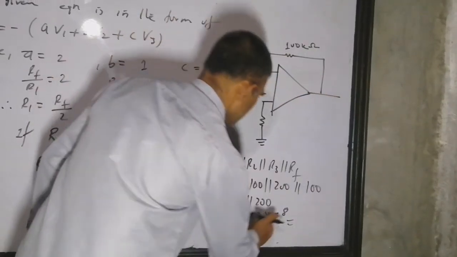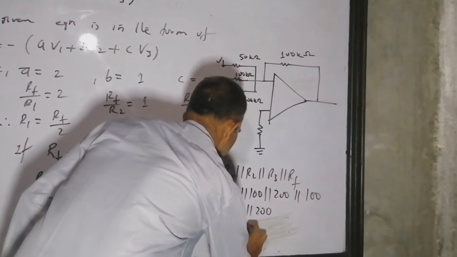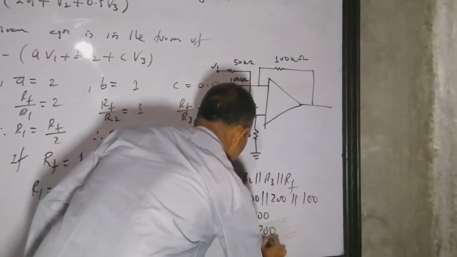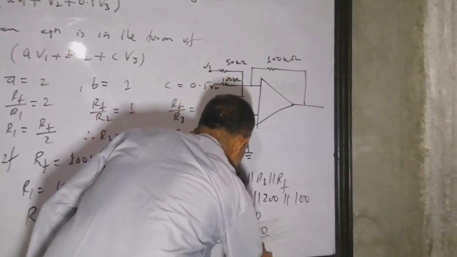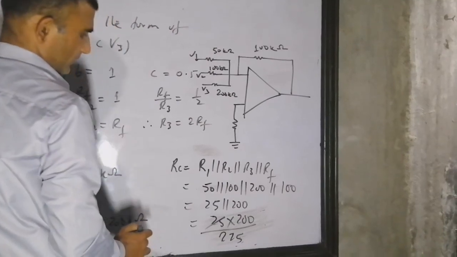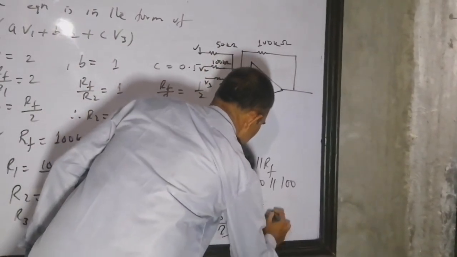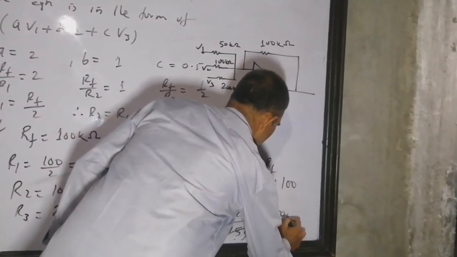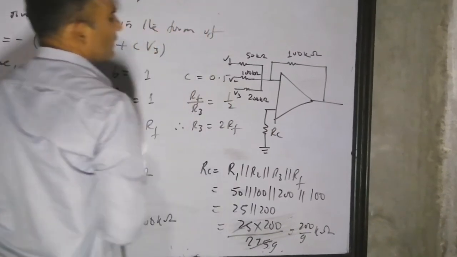Let me check this, I think I missed it. 25 into 200 divided by 225, that is 9 in the denominator, so this becomes 200 upon 9 kilo ohm. So this compensating resistor value should be here.